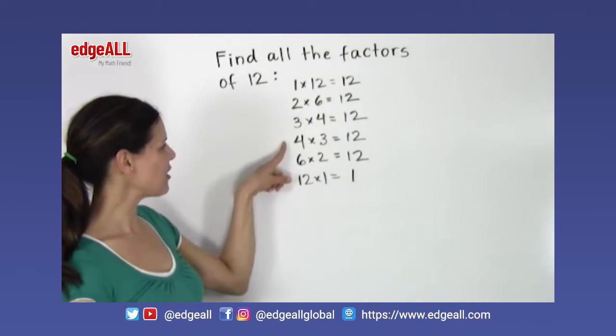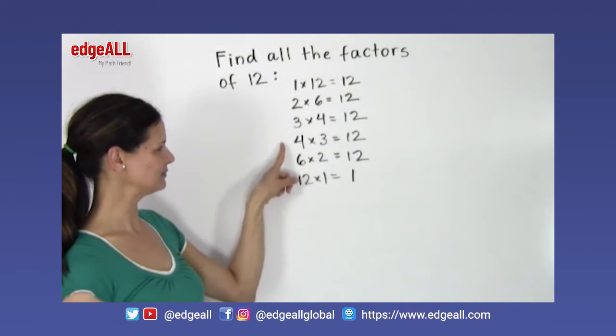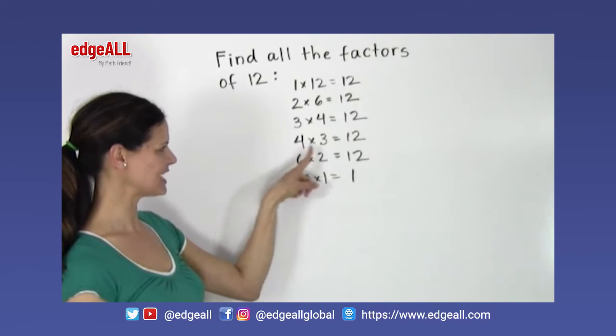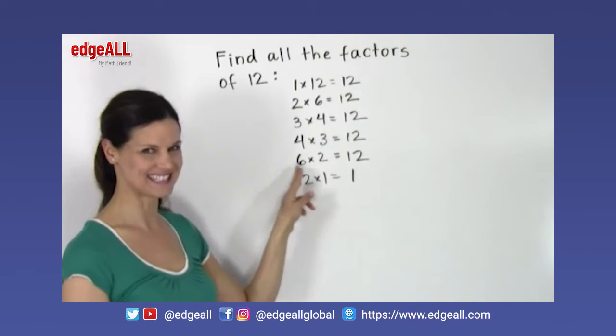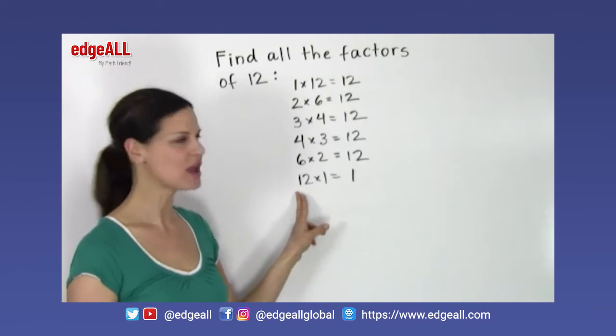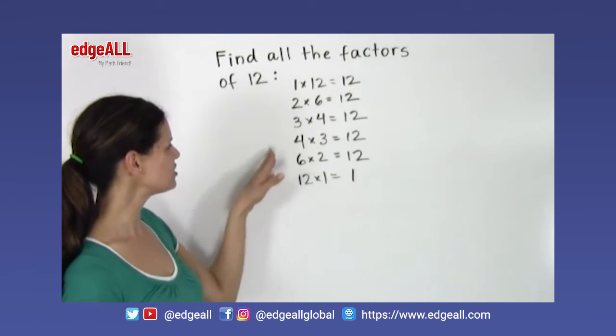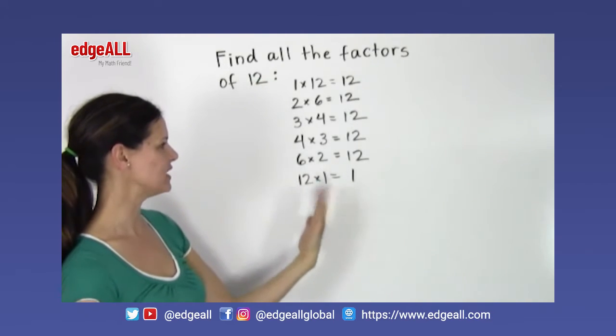Now we can see though that by the time we get to the fourth item on the list, 4 times 3 equals 12, and then the fifth item, 6 times 2 equals 12, and the sixth item, we can see that really they're just repeats of these three above in opposite order.